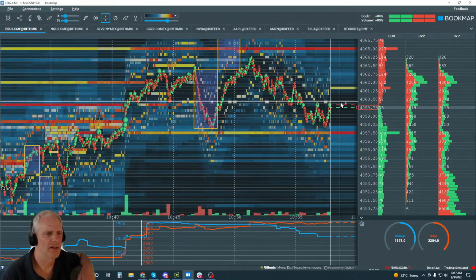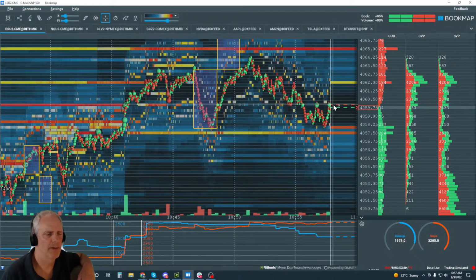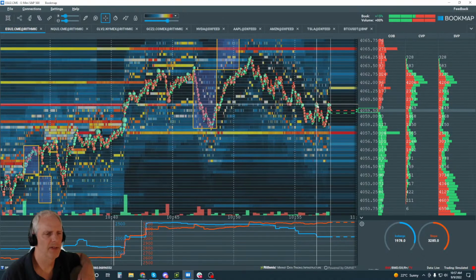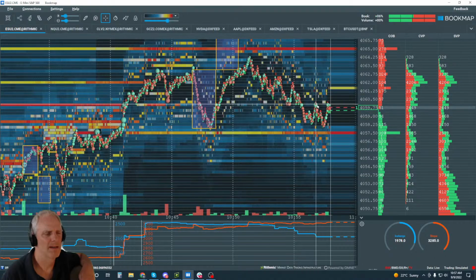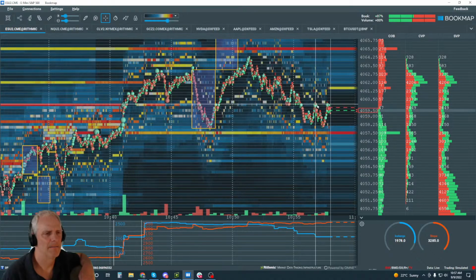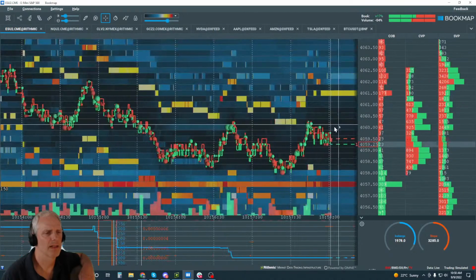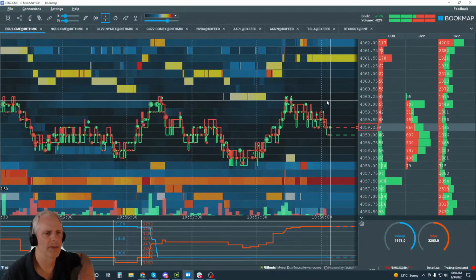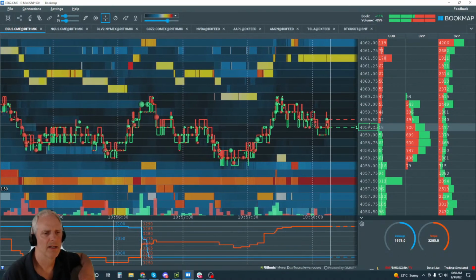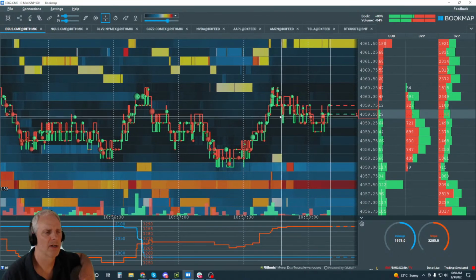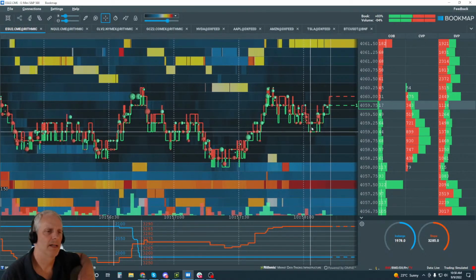Okay, let's see here. All right, buyers back up. Back to the top of this little range. And let's see if they can auction out again up here around 60 and a quarter. Okay, it's setting up nicely.